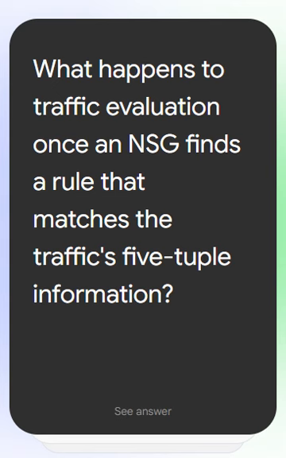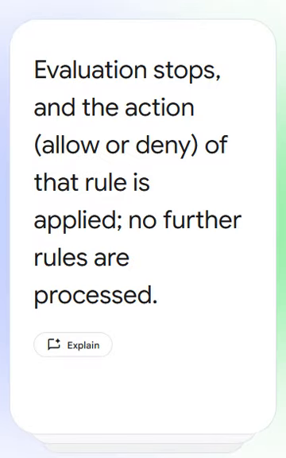What happens to traffic evaluation once an NSG finds a rule that matches the traffic? Evaluation stops and the action, allow or deny, of that rule is applied. No further rules are processed.